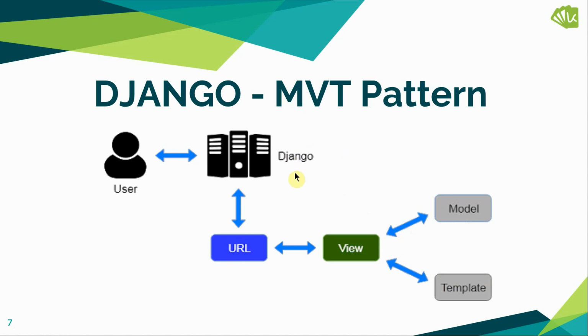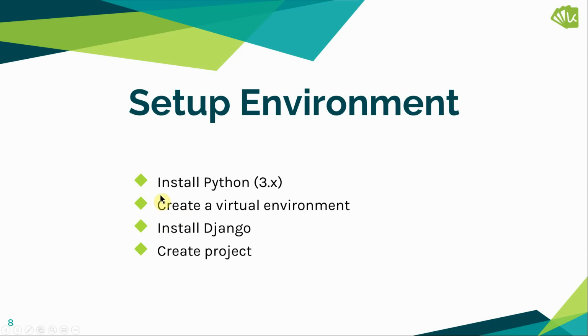All right. So with all the theory behind us, now let's see some action in Django. As part of our hands-on, today we'll be looking into the first step, which is installation of Python. Here we'll be targeting Python 3.x. Actually, it's 3.5 and above.